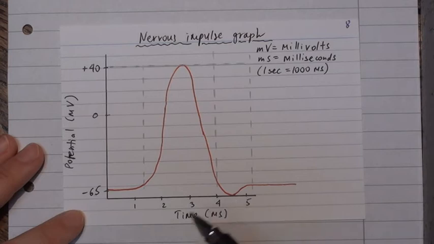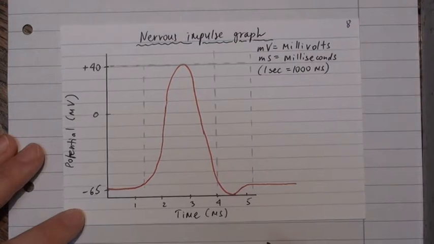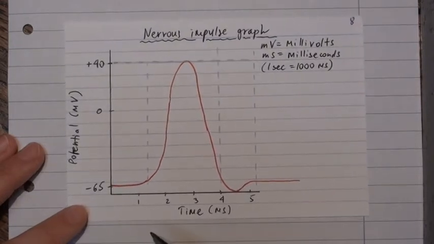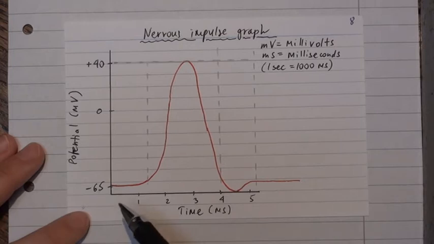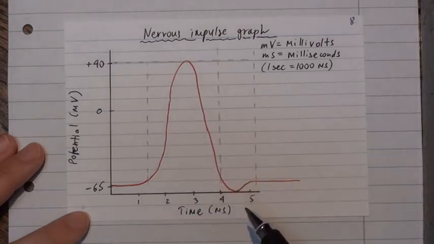And I think the easiest way to understand it is to have a go at showing what this graph is. So this graph shows you a wave of action potential or nervous impulse.